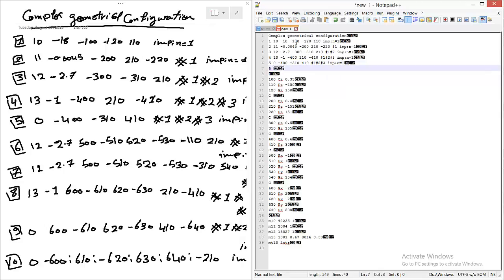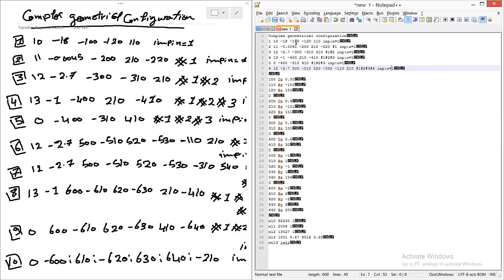Cell number 6 was material 12, which had a density of 2.7 grams per centimeter cube, 500, negative 510, 520, negative 530, negative 110, positive 210, excluding the cells 1, 2, 3, and 4.